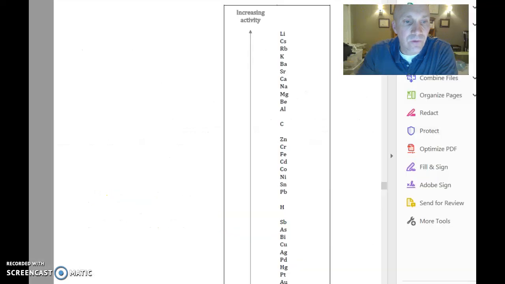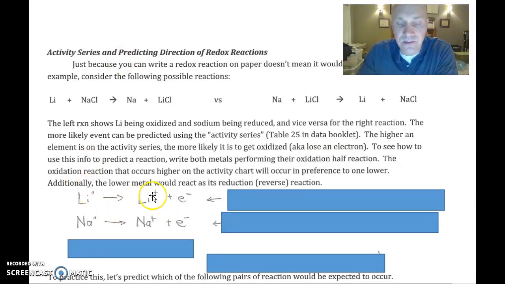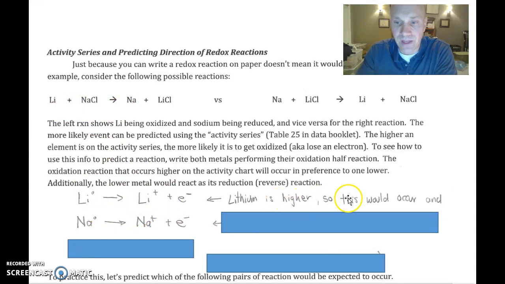Lithium is higher than sodium. So what that means is that this is the oxidation. If you gave these two metals a choice, this oxidation would be more likely to occur over this one. So that's higher, so this right here would occur.